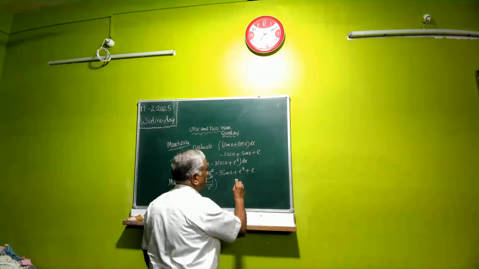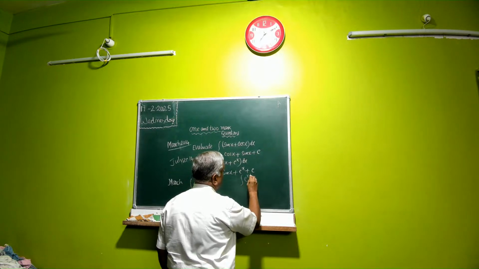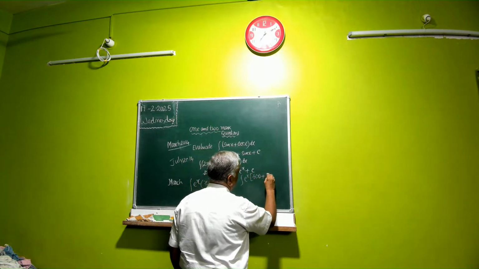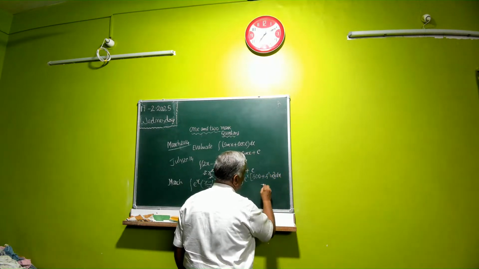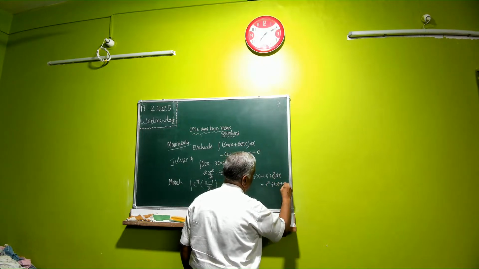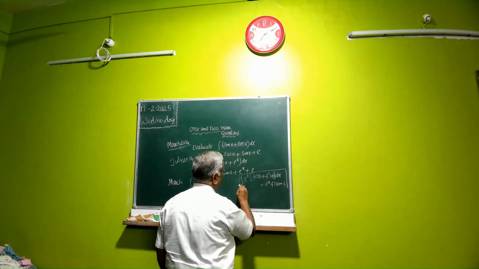So there's another formula you have got to remember. The integral of e to the power of x into f of x plus f dash of x dx is equal to e to the power of x into f of x plus c. So remember this formula, a very important formula.